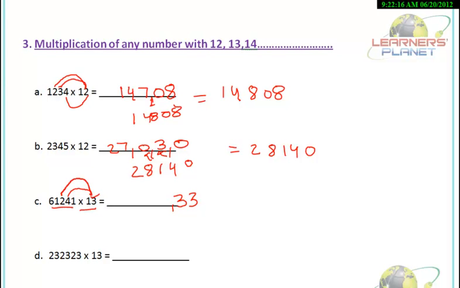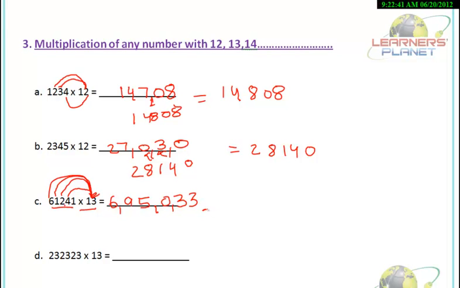Then 2 3s are 6 plus 4, 10. Okay, then 1 3s are 3 plus 2, 5. Then 6 3s are 18 plus 1, 19. Okay, then 6 as it is.